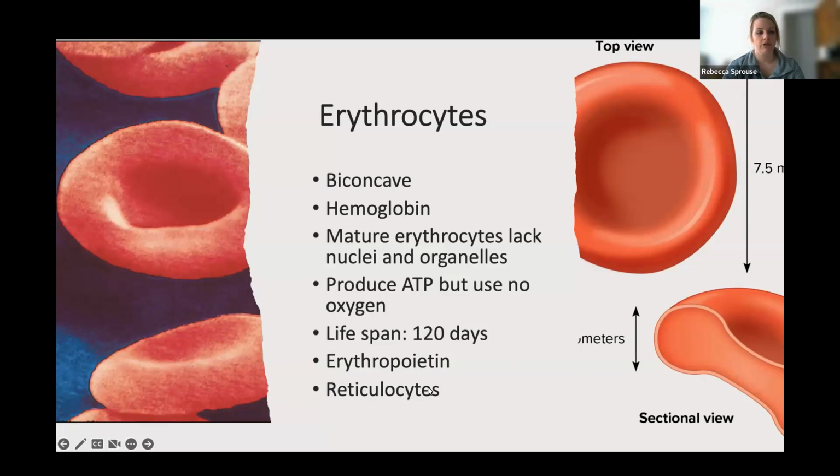This is something that's measured in labs a lot because if there is a large amount of reticulocytes being released into the bloodstream, then that means that you are super low in red blood cells and there may be a problem in your bone marrow releasing too many at once.